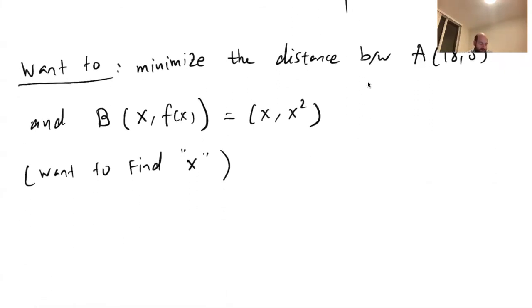Okay, so we said that we have to assign letters to the quantities that we want to find. Here we want to find the point, so we assign letter x for the x coordinate of the point, and the y coordinate will be naturally x squared. And then we have to express the quantity that we want to minimize or maximize as a function of one variable only.